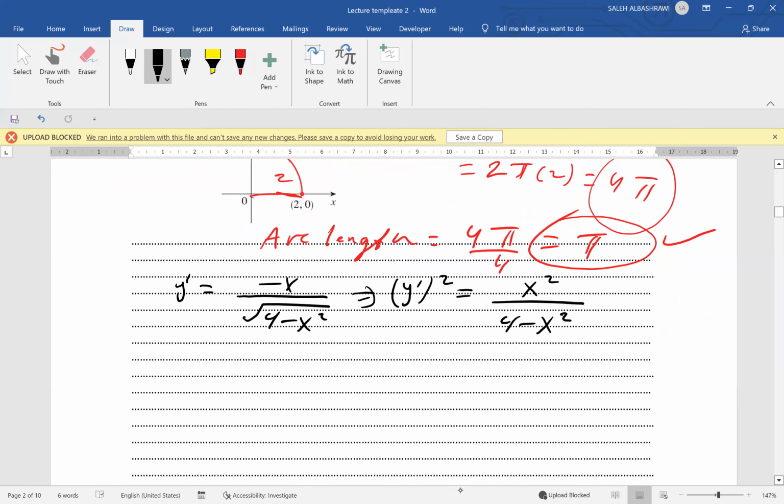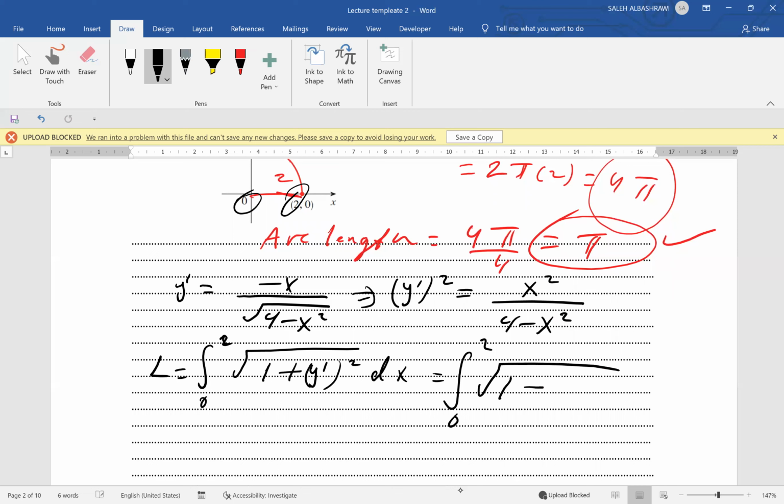So the arc length, which is given by capital L, is equal to the integral between 0 and 2, the x coordinate, of the square root of 1 plus y prime squared, or f prime squared, dx, which is equal to the integral from 0 to 2 of the square root of 1 plus x squared divided by 4 minus x squared dx.